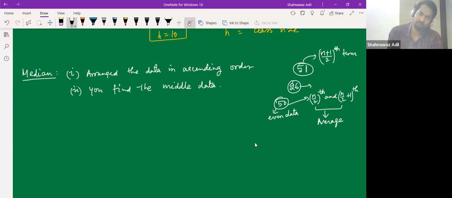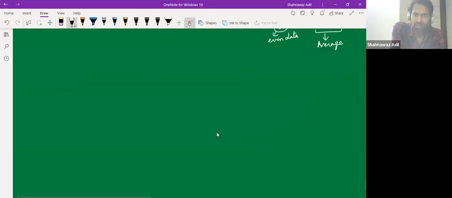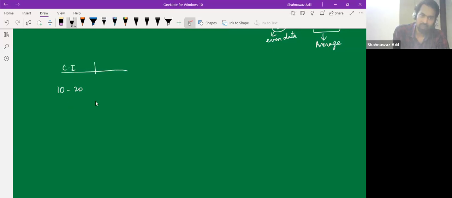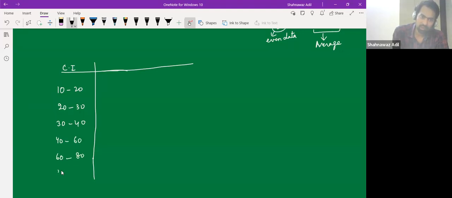Now we have grouped data. So how do we calculate the median of the grouped data? Let's say we have data which is 10 to 20, then 20 to 30, 30 to 40, 40 to 60, 60 to 80, 80 to 100.